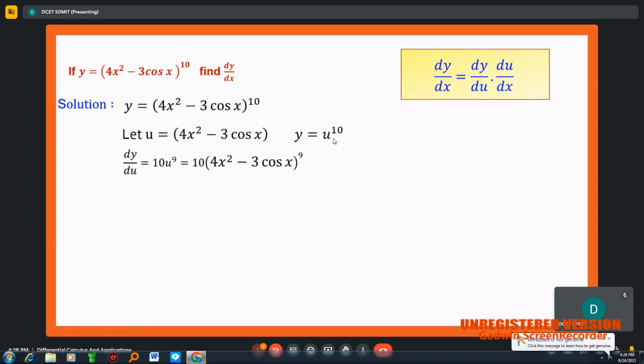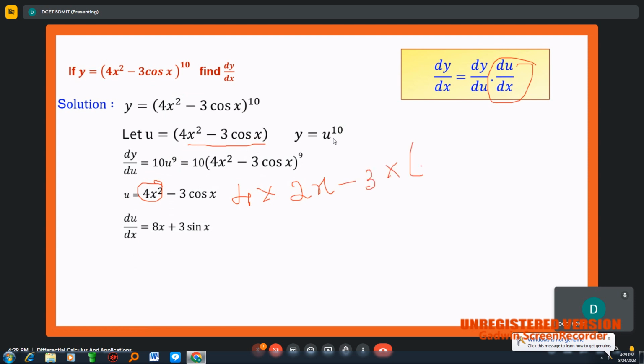After that, what we want here is du by dx. What is the u here? 4x² minus 3 cos x. Now, what's the differentiation of 4x²? 4 is constant. Differentiation of x² is 2x. Minus 3 is constant.